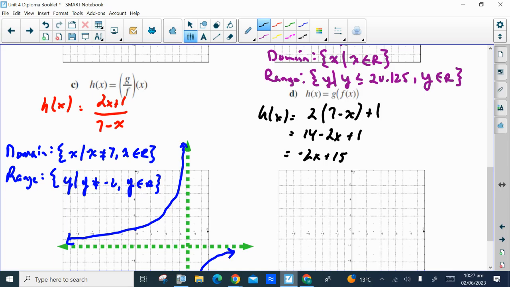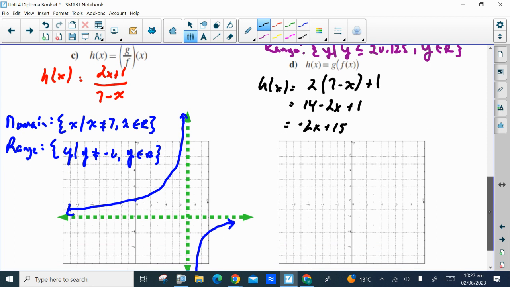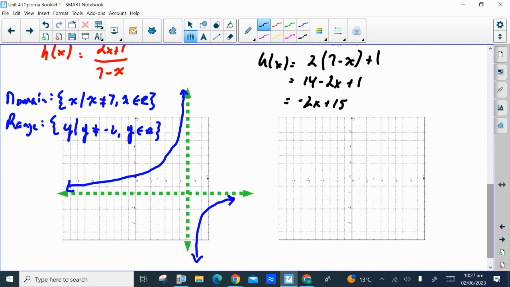So probably what I would do here is just choose a couple random values of x, find out what y is, and that'll give me some points. So looking at the equation, negative 2x plus 15, if I let x equal positive 7, negative 2 times 7 is negative 14, plus 15 is 1. So the point 7, comma 1 will be on this graph. When x is 8, negative 2 times 8 is negative 16, plus 15 is negative 1.